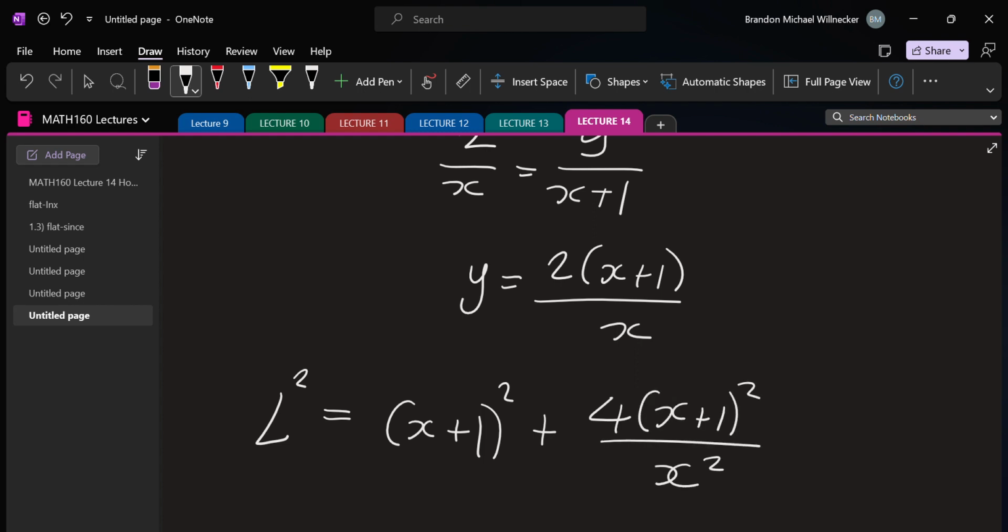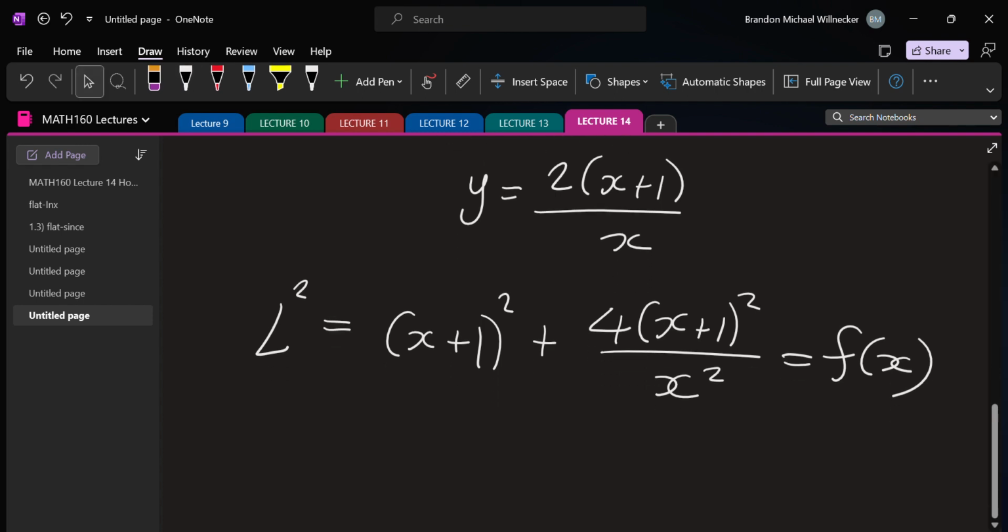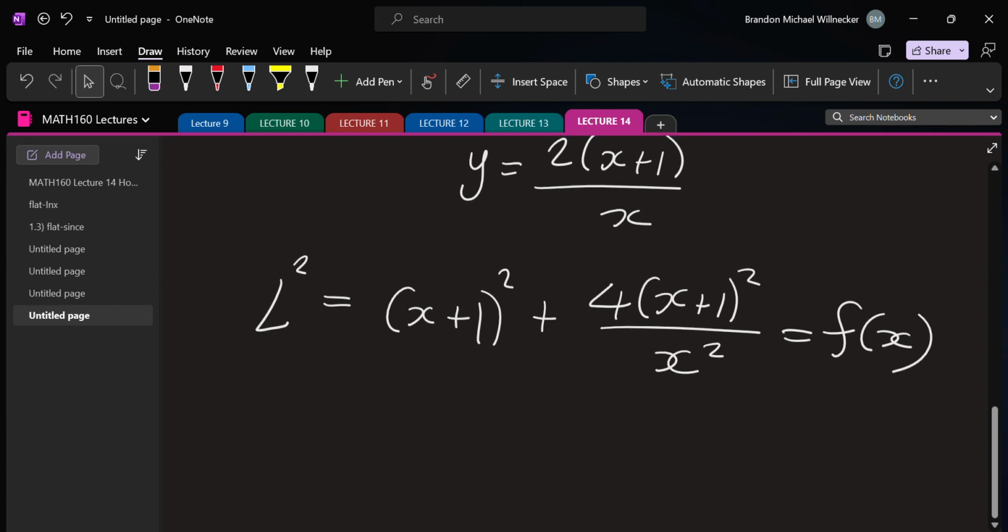The square of the height is y squared, and we've got that here: 4(x plus 1) squared over x squared. Okay, so that's L squared. We could find L and take the root, but that's a bit too much work. Let's call this f. If we minimize f, we've minimized L squared. If we've minimized L squared, we've minimized L. We've discussed that before.